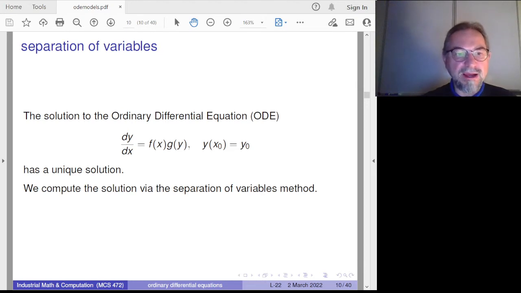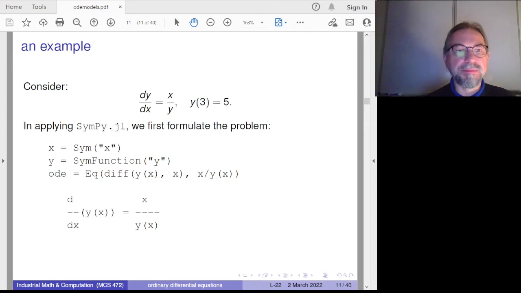So this initial value problem has a unique solution. So let's demonstrate this on a very simple example. So here the f of x is x, the g of y is 1 over y. So we consider this problem then with the initial condition that at x equals 3, y of 3 has the value 5. So the x naught is 3, the y naught is 5 of the previous slide.